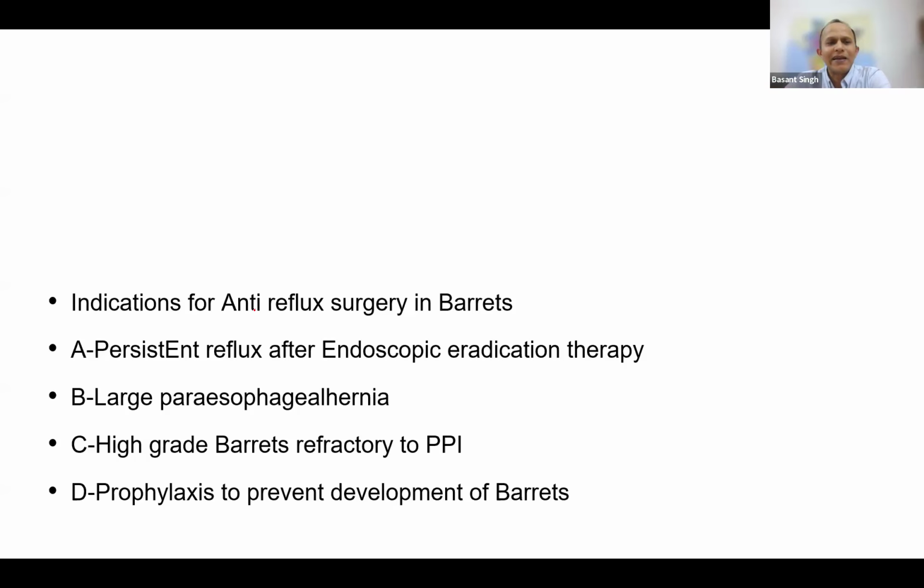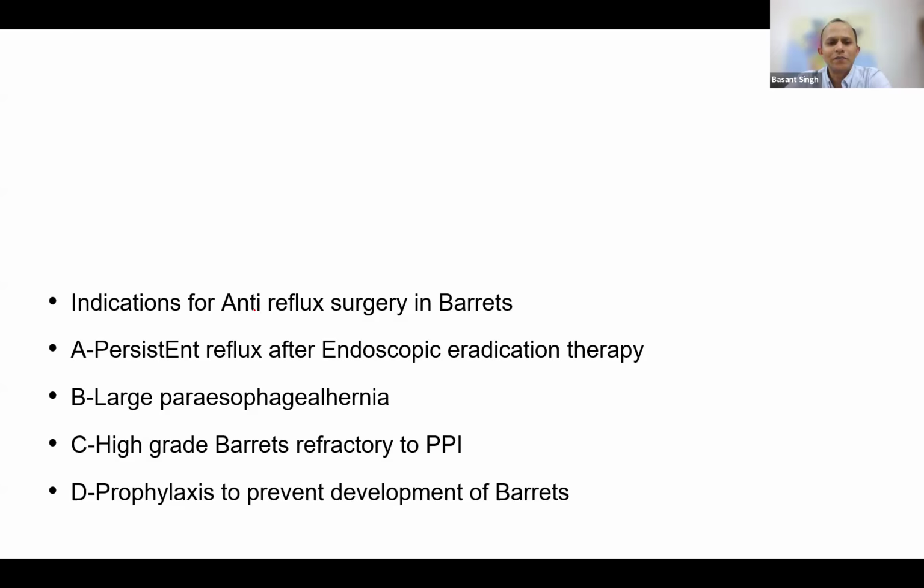The question should be: indications for anti-reflux surgery in Barrett's are all except. Persistent reflux after eradication therapy, obviously we have to do. This is a good indication. Large paraesophageal hernia, we have to do surgery. High grade Barrett's refractory to PPI is one indication.